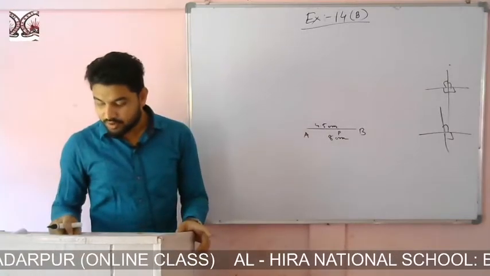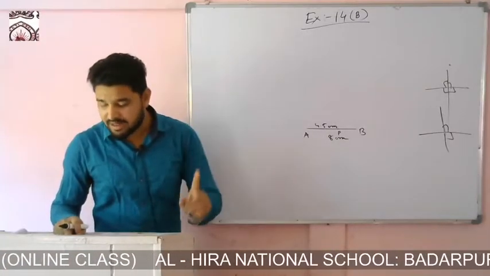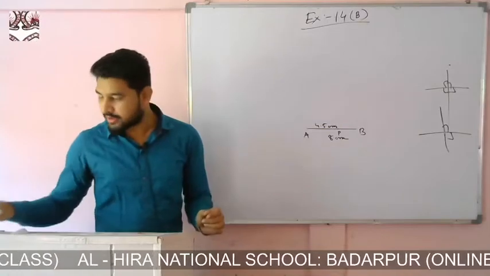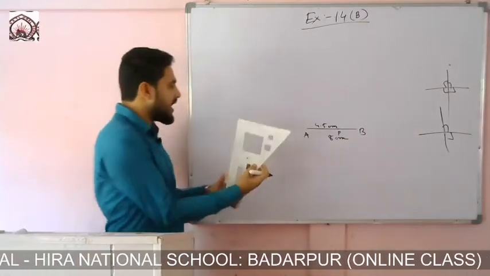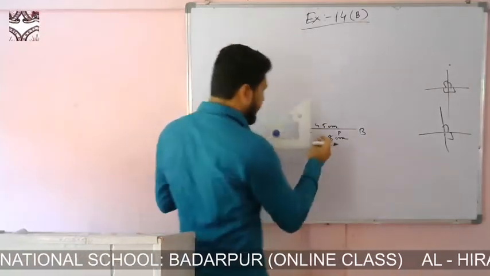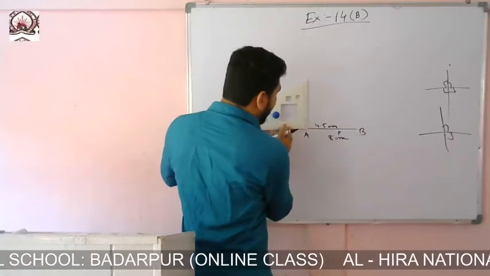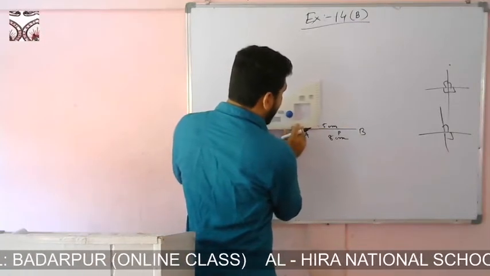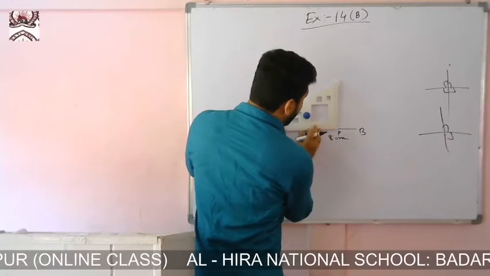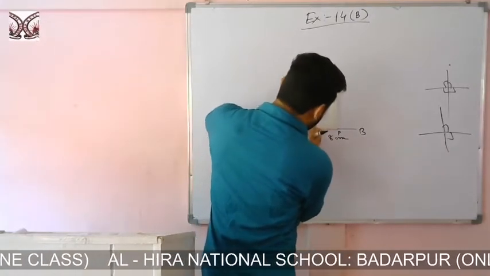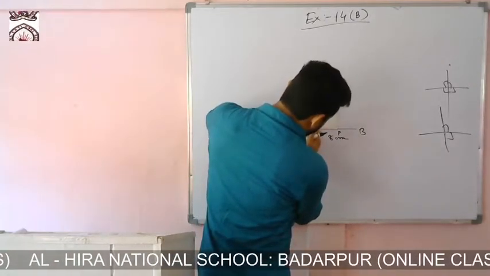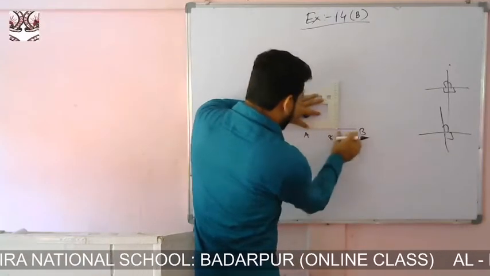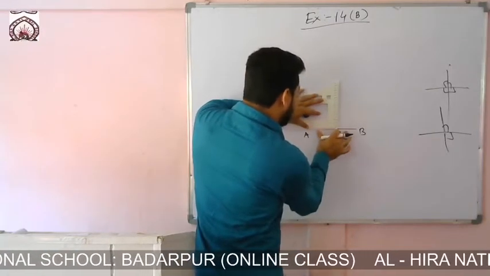So first you see, number 1, using set square. You take the set square and from A you slide the set square to the point P, and be sure that the set square is placed on the line segment AB.